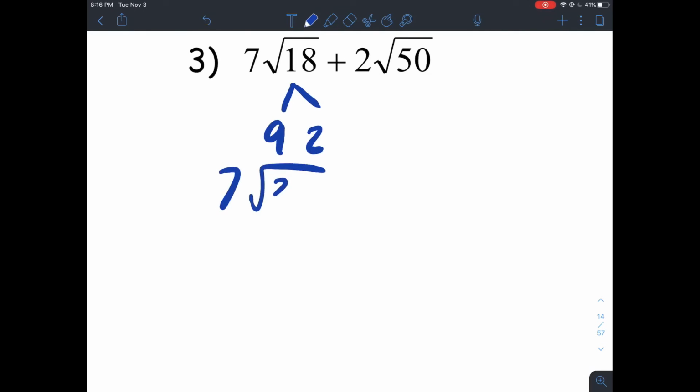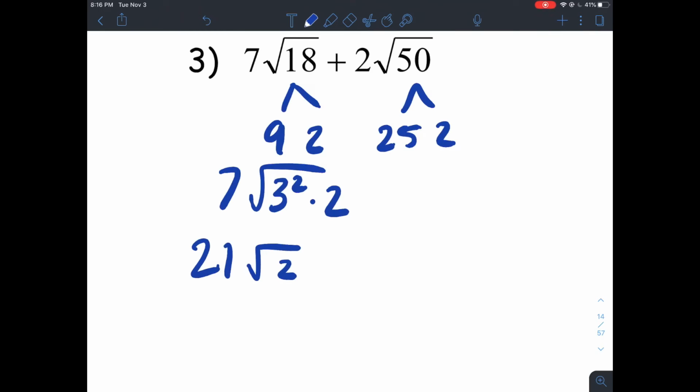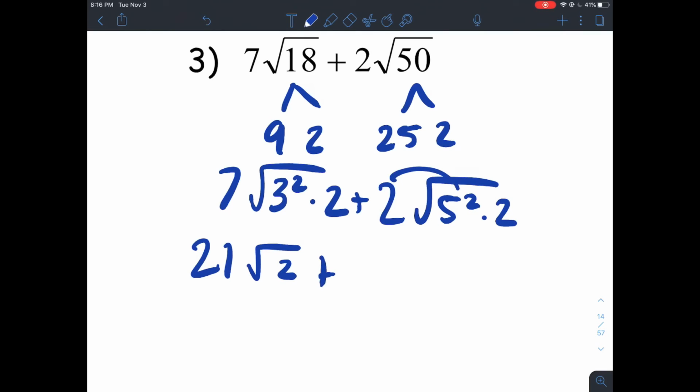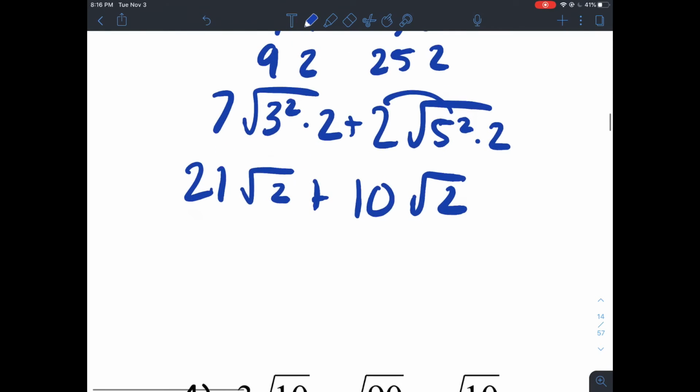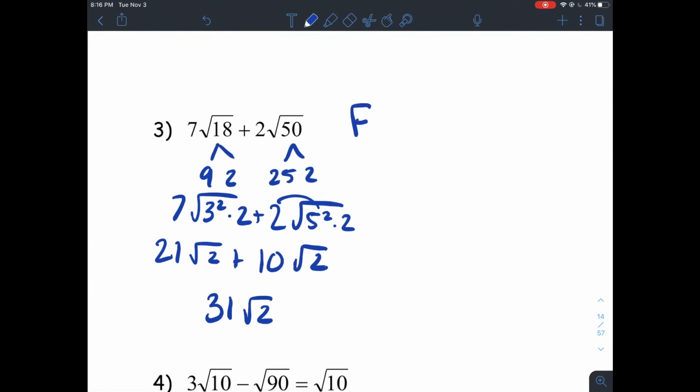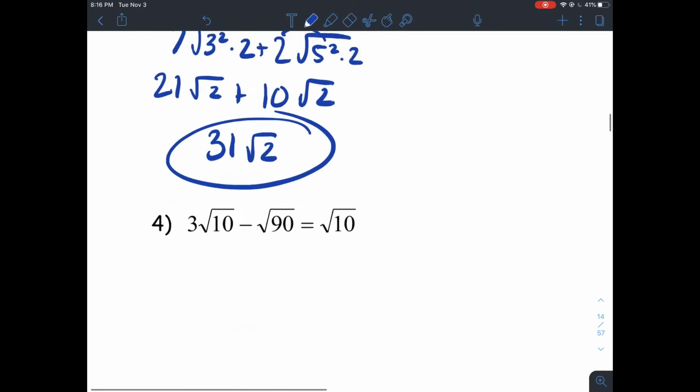So we'd get 7 root of 3 squared times 2. We bring the 3 out, we should get 21 root 2. And then the 50, we're going to get 25 and 2. So we get 2 root of 5 squared times 2. We can bring our 5 out, so we would get 10 root 2. And notice now we've got the same radicand, so we can combine those. So we'd get 31 root 2. So this one was false, and this was us simplifying it further.